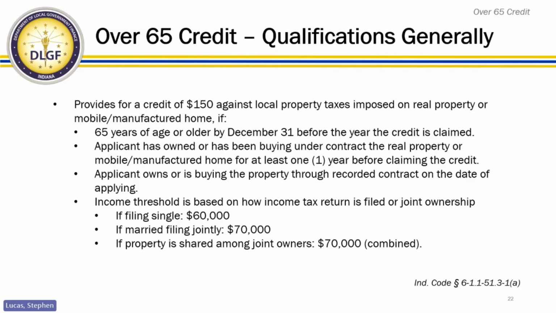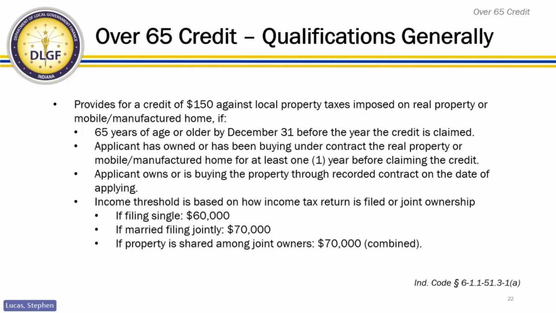And this credit does still have an income threshold, although those amounts that previously applied to the deduction have been increased for this new over 65 credit. The income thresholds are $60,000 for an applicant who files their income taxes as a single individual.